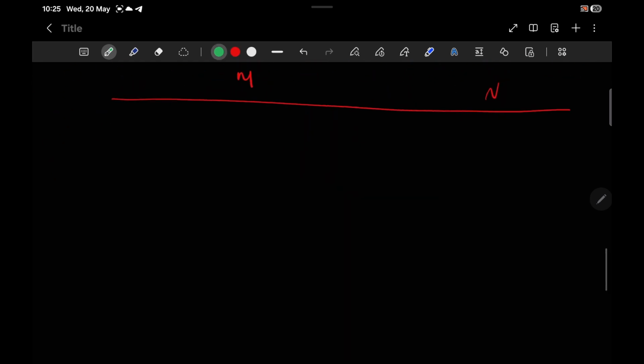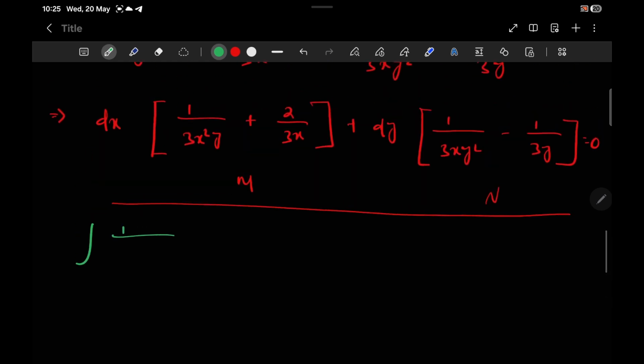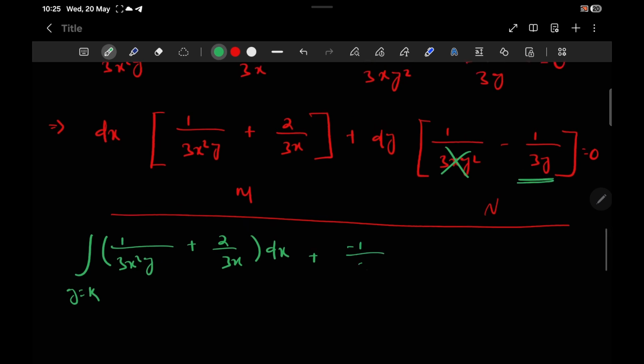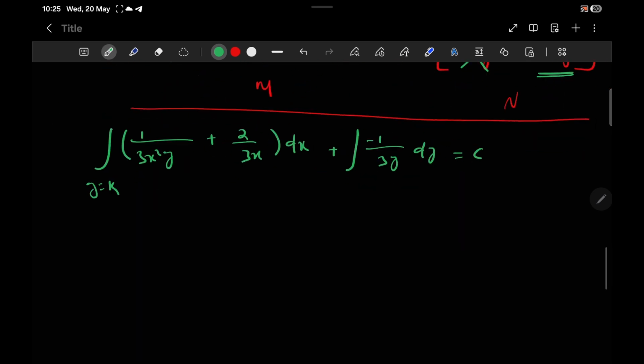If we apply this, it becomes the integral of the M term, (1/(3x²y) + 2/(3x)) dx, where y is constant, plus the terms not containing x. So this is not considered, only this is considered, that is -1/(3y) dy, and their integration is a constant.